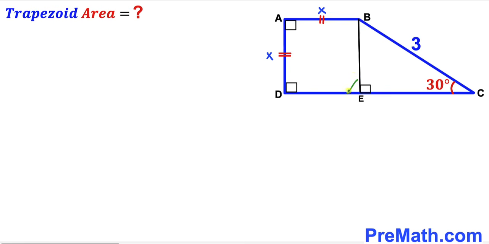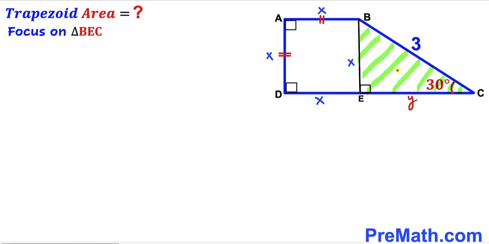Since we are dealing with this square ABED, this side BE is going to be x, and this side DE is going to be x as well. Furthermore, I am going to label this segment EC as y.